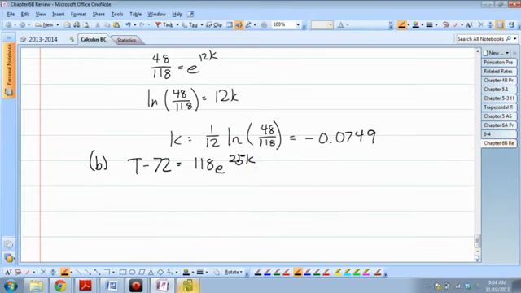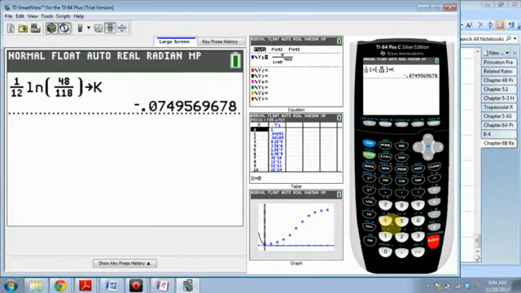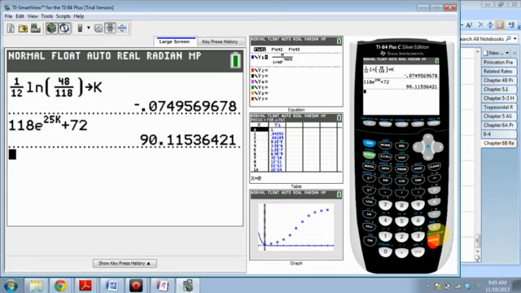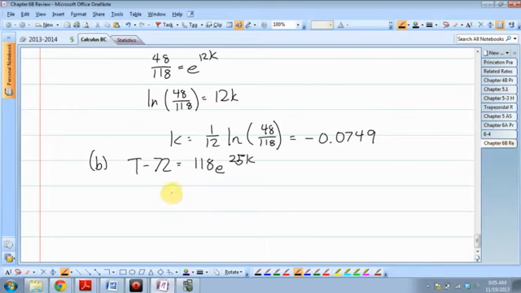And then you could just do that immediately now, right? 118 e to the 25k plus 72. There we go. 90.115 Fahrenheit.